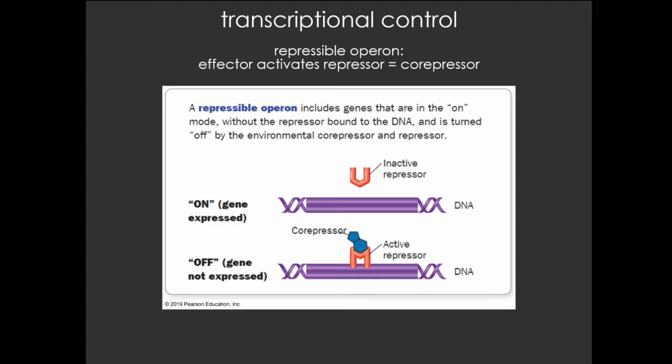You need to shut off the repressor in order to turn the operon on. The example we're going to look at now is a repressible operon. A repressible operon is normally on because the repressor is off. In order to shut it off, you turn on the repressor and repress the operon. So these are called repressible operons. And the example of a repressible operon that we're going to be looking at is tryptophan synthesis.